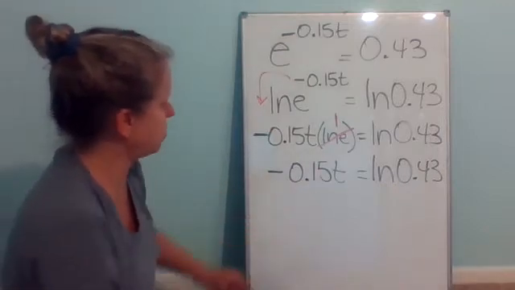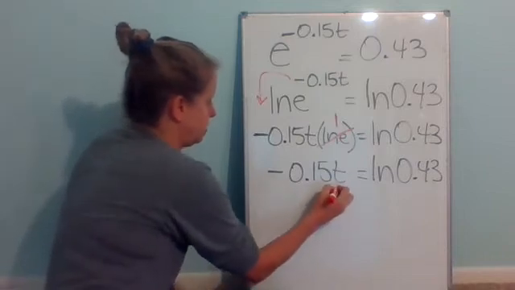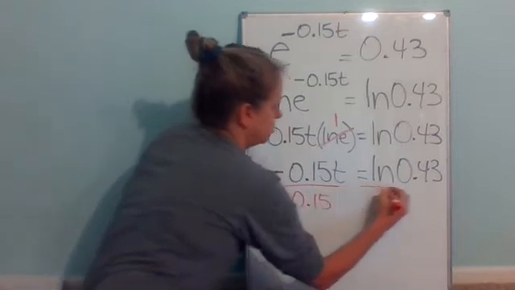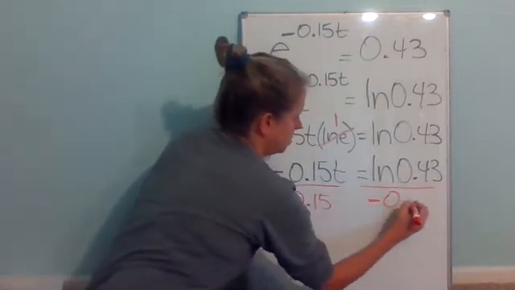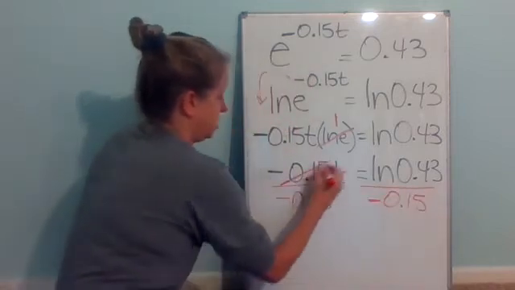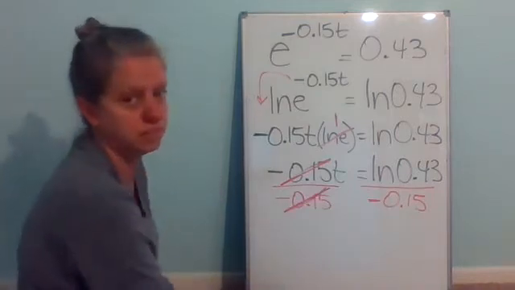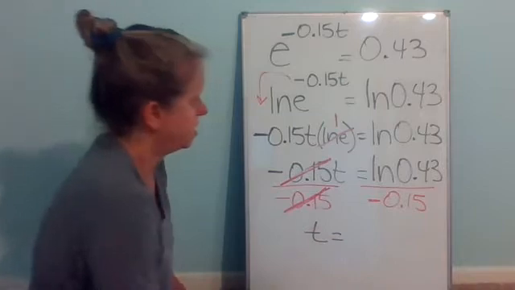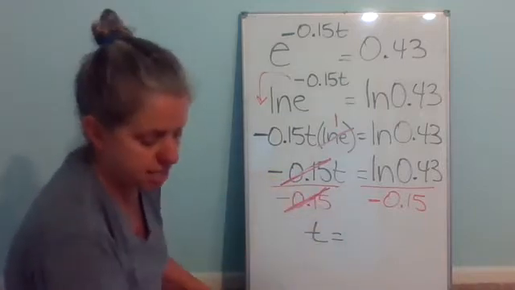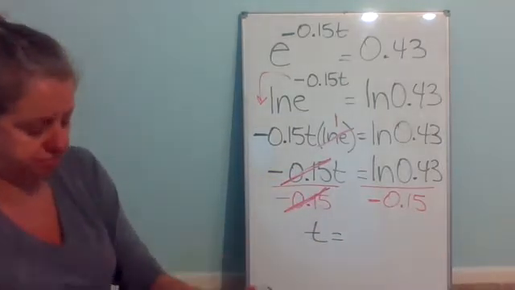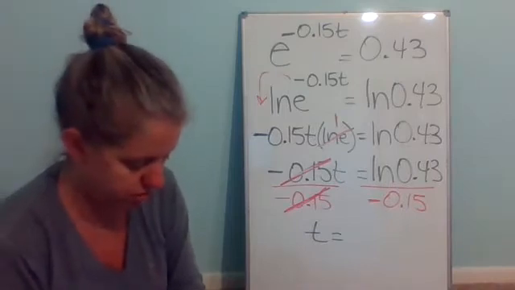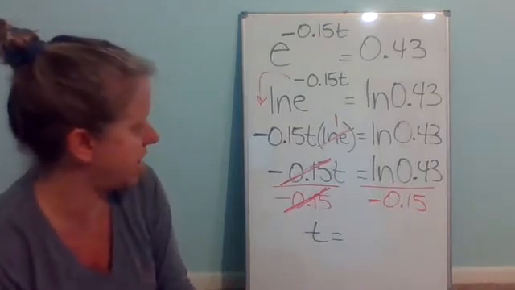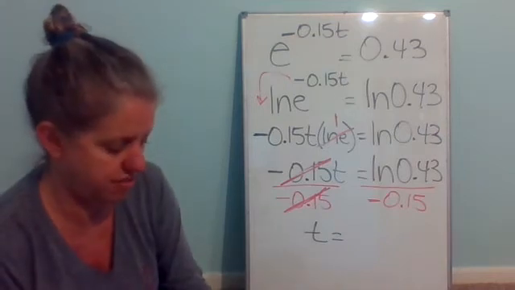So what do I need to do to both sides? I just need to get rid of this negative 0.15. So I'll just divide both sides by it to cancel it. So here's my t by itself. Calculator work: ln 0.43, close, divided by negative 0.15.